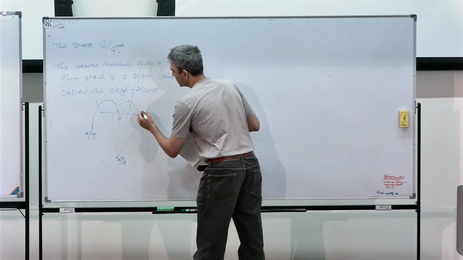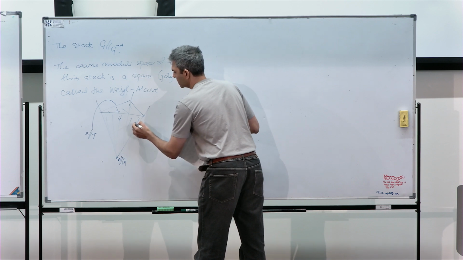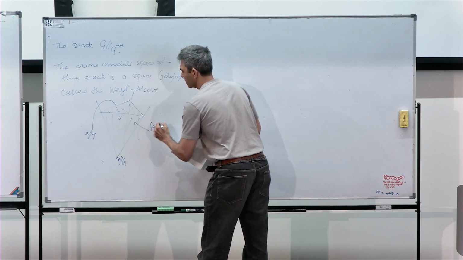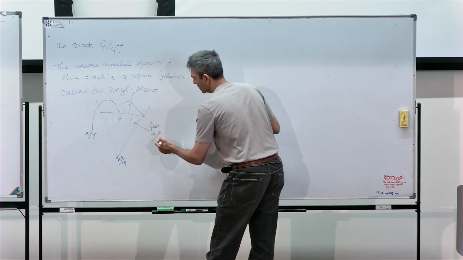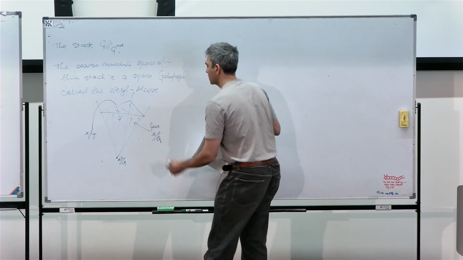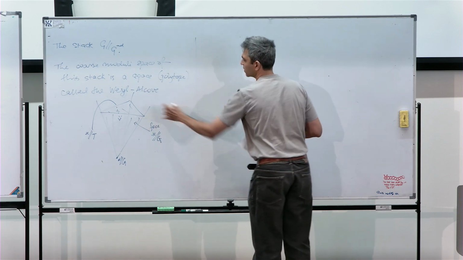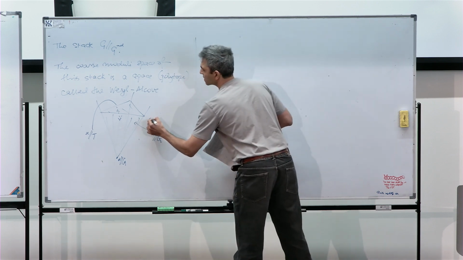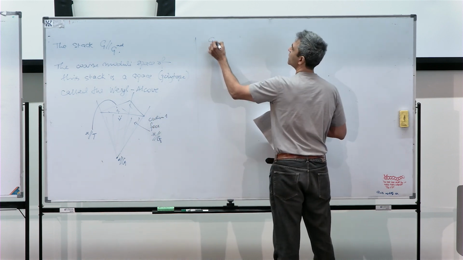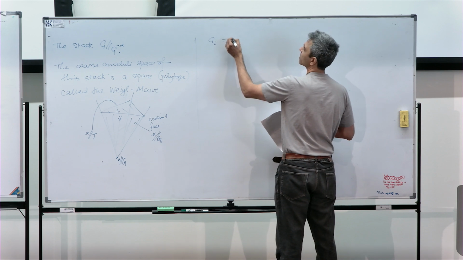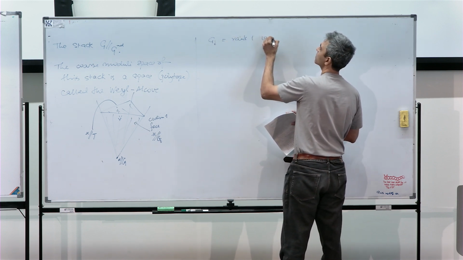If you take a face, so let's take this face, it corresponds to objects whose stabilizers are what I'll write G_i, and this is a codimension 1 face. G_i is called the rank 1 Levi.